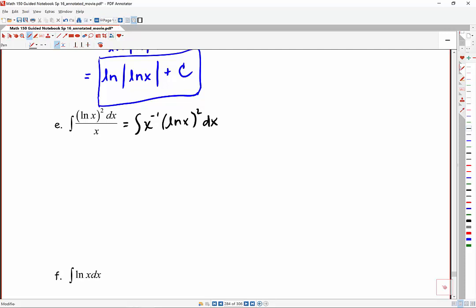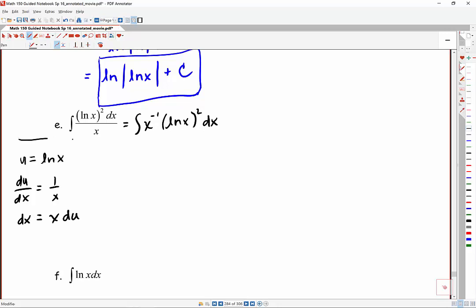So if we did our u sub as natural log at x, du dx is going to be one over x, and isolating dx, again, we're going to get x times du.